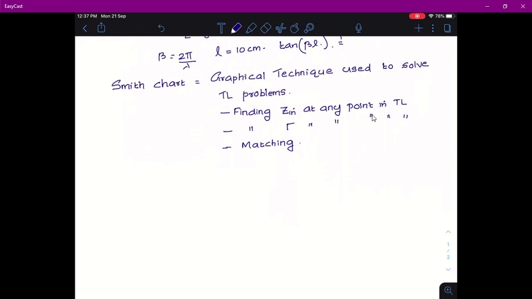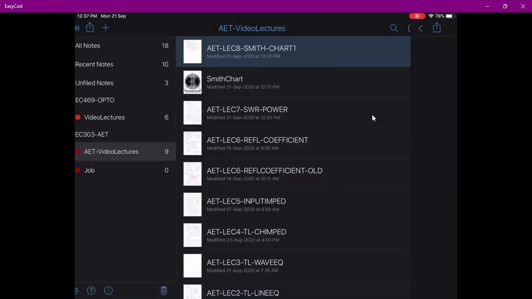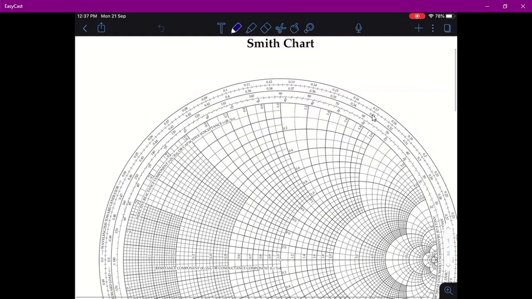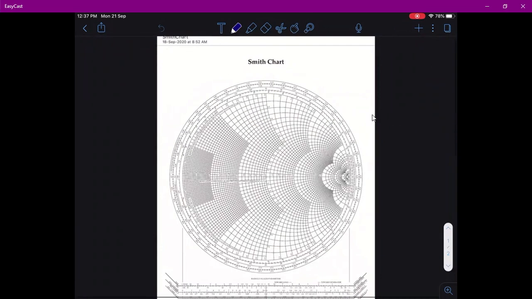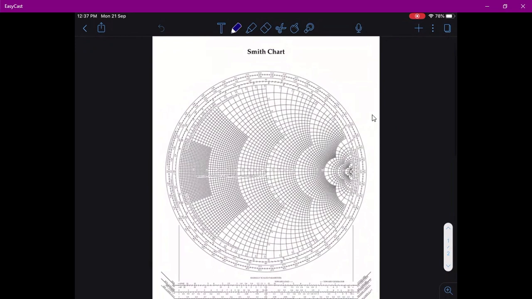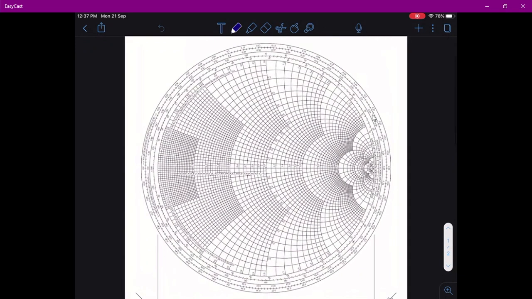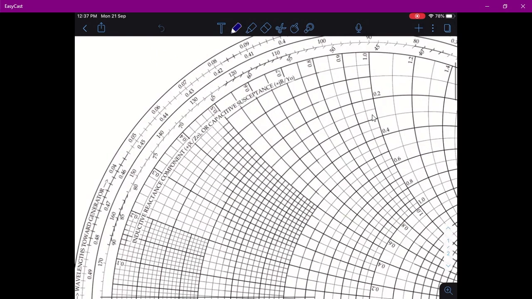So let me show the Smith chart. So this is basically the Smith chart. If you see the Smith chart, it looks very complicated. You have a lot of lines going back and forth. It is like a radiating pattern kind of thing, but it has nothing to do with radiation. And there are many things at the corners.